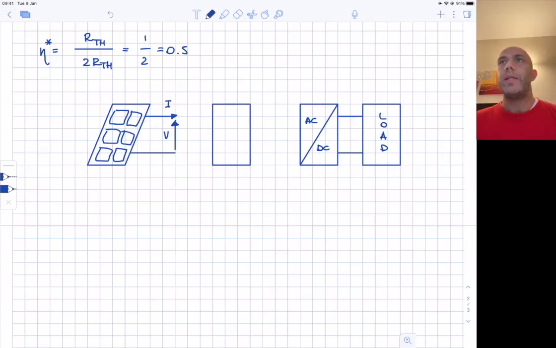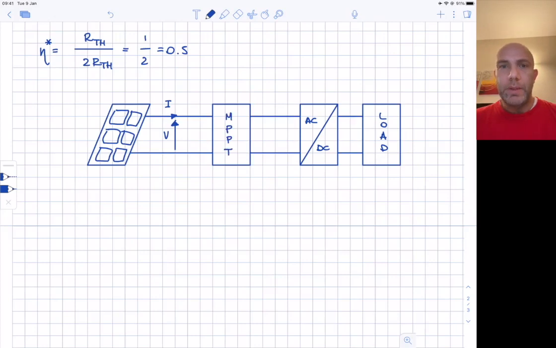So there are some circuits inside this block here that transform the equivalent resistance of the load into the resistance that is required for the maximum power condition. Okay. So this device here is called MPPT, Maximum Power Point Tracker.